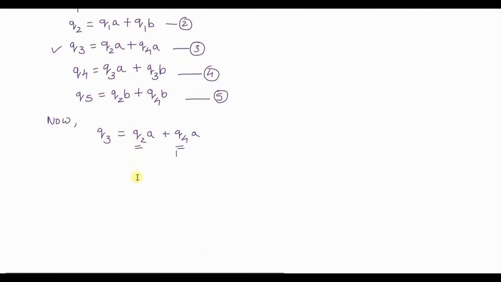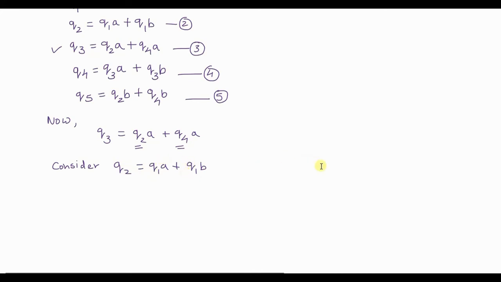So first consider Q2, which is nothing but Q1A plus Q1B. So Q2 itself is nothing but Q1A, Q1B. You will get an expression for Q2 only if somehow Q1 can be replaced with something.